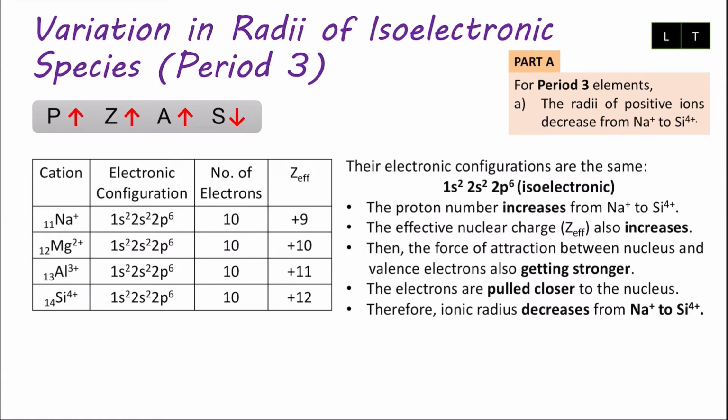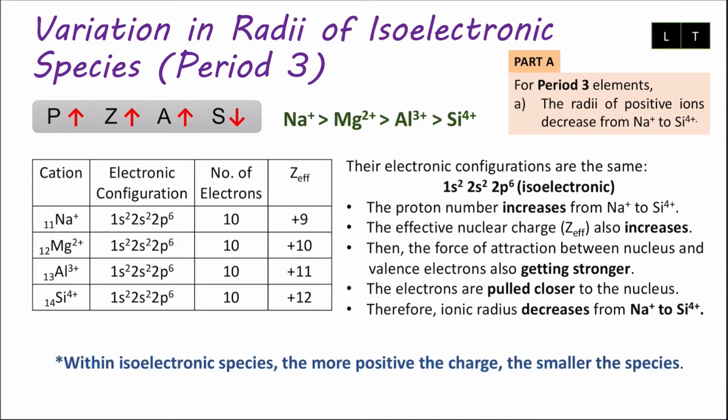So to arrange these species, I will start with Na+ much greater than Mg2+, greater than Al3+, greater than Si4+. So Si4+ has the smallest ionic radius. So within isoelectronic species, the more positive the charge, the smaller the species. As you see here, Si4+ is the smallest one.